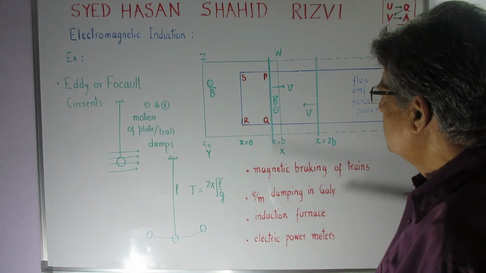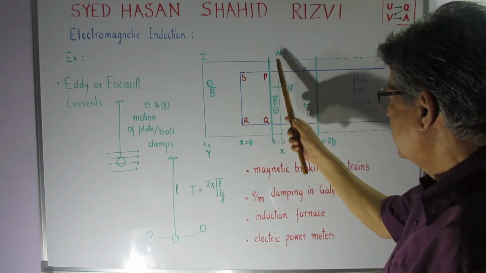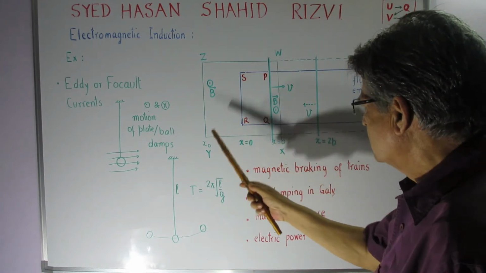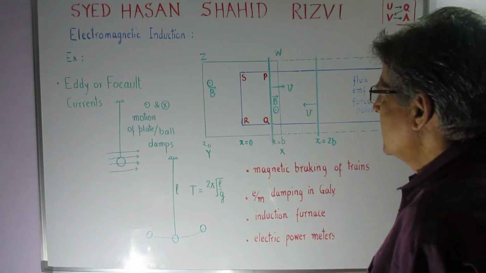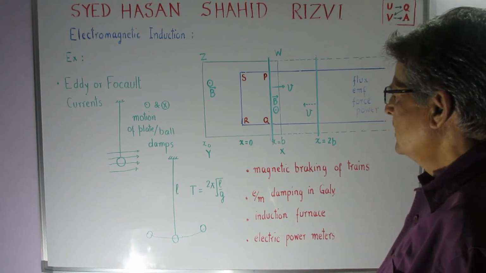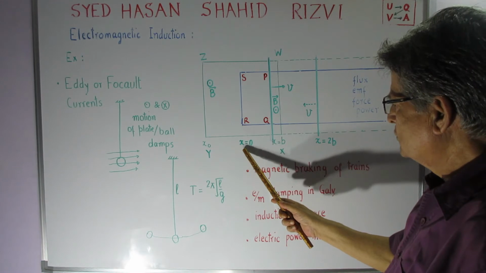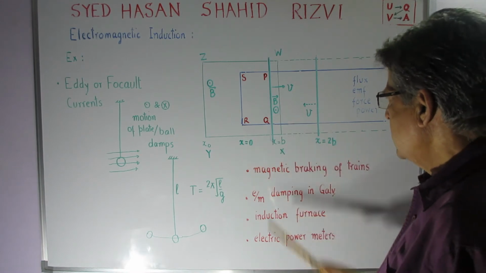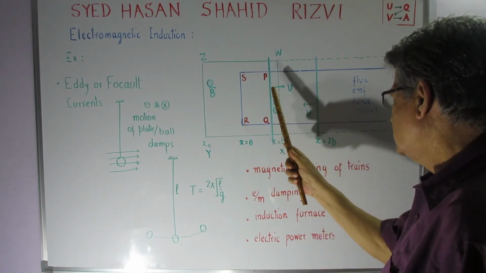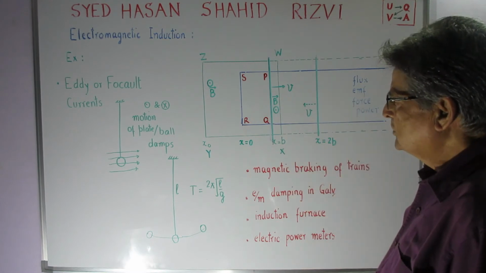Now this area ends up over here, and we may start from x is equal to 0 here and take this rod along to the right.